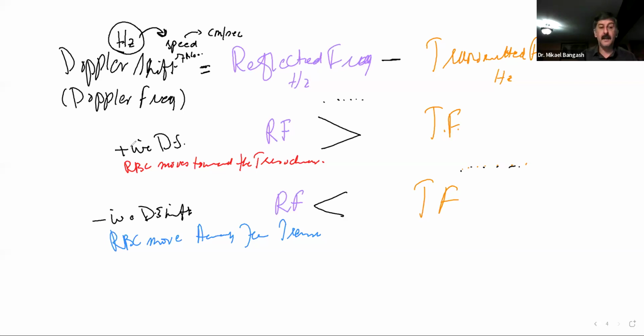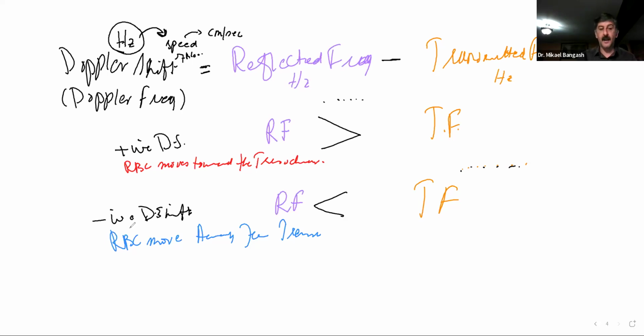With that said, if your reflected frequency was greater than the transmitted frequency, that makes it a positive Doppler shift.